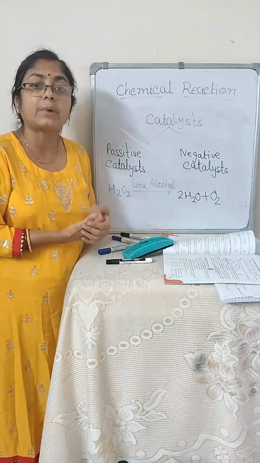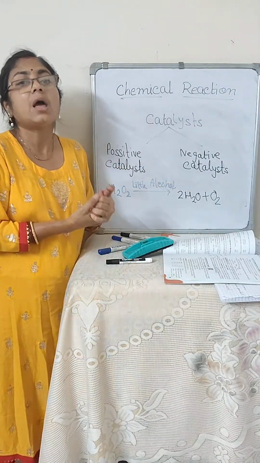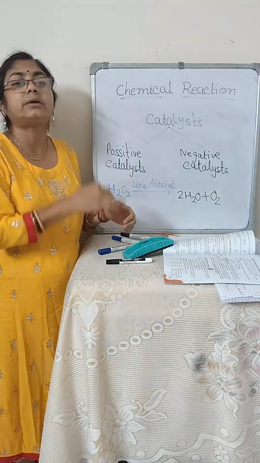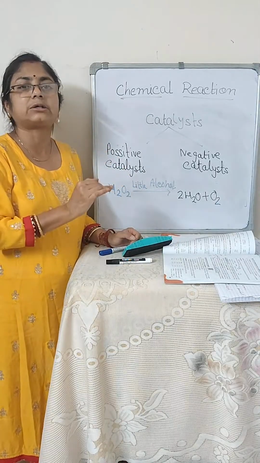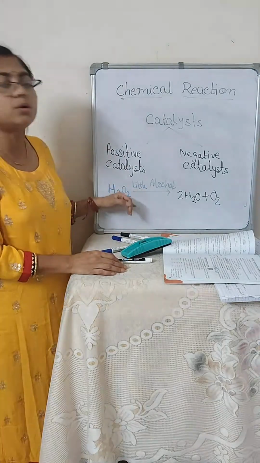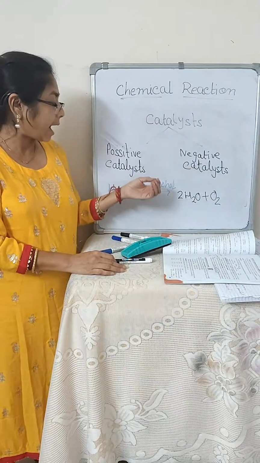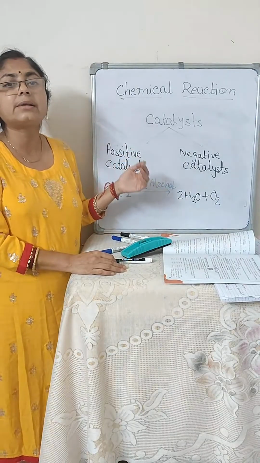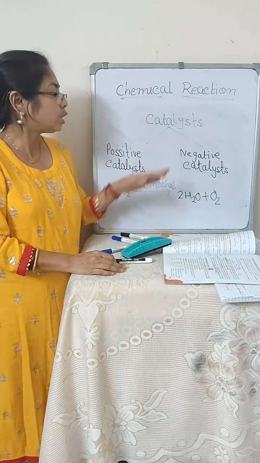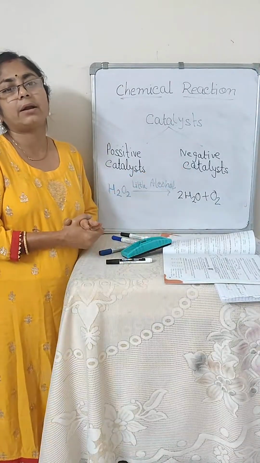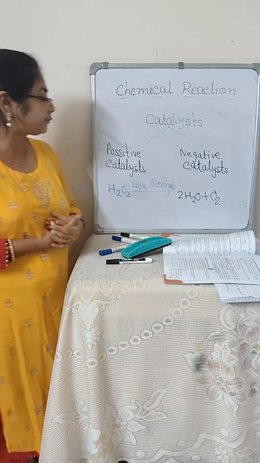But why is it added? Because it decreases the speed of the reaction. Hydrogen peroxide normally divides into water and oxygen. If you add a little alcohol, the speed decreases. So it is a negative catalyst. Clear? Please write it from the board.